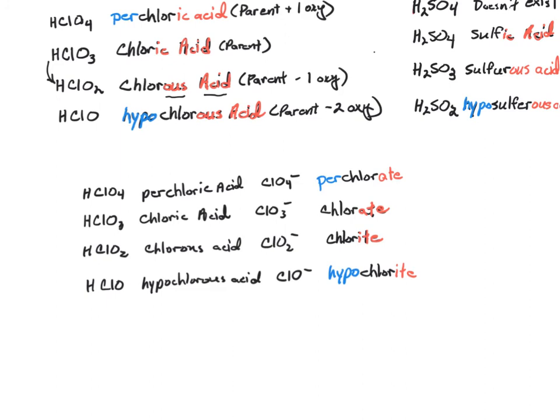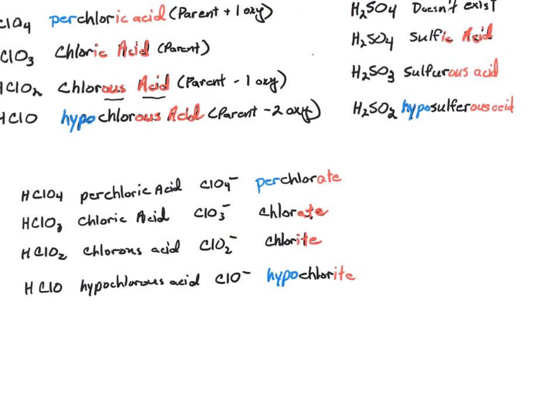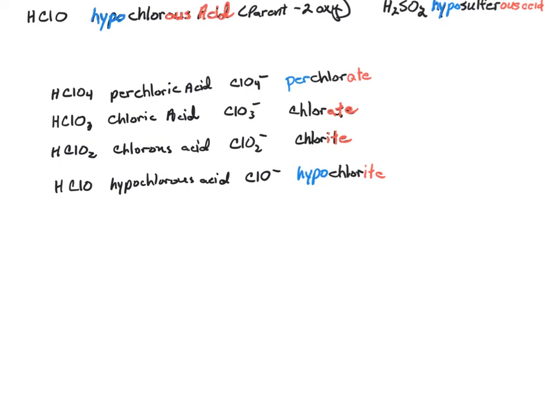Again, it's a matter of how far you are away from the parent acid in terms of the number of oxygens. If I were looking at sulfuric acid, actually let's look at nitric acid. We have HNO3. There's not one that has more oxygens.